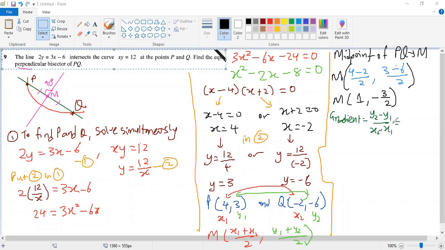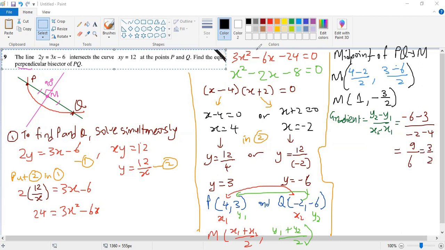We just substitute accordingly, keeping track for accuracy. You can take either way. So minus 6 minus 3 over minus 2 minus 4, which becomes 9 over 6, positive, so 3 over 2.